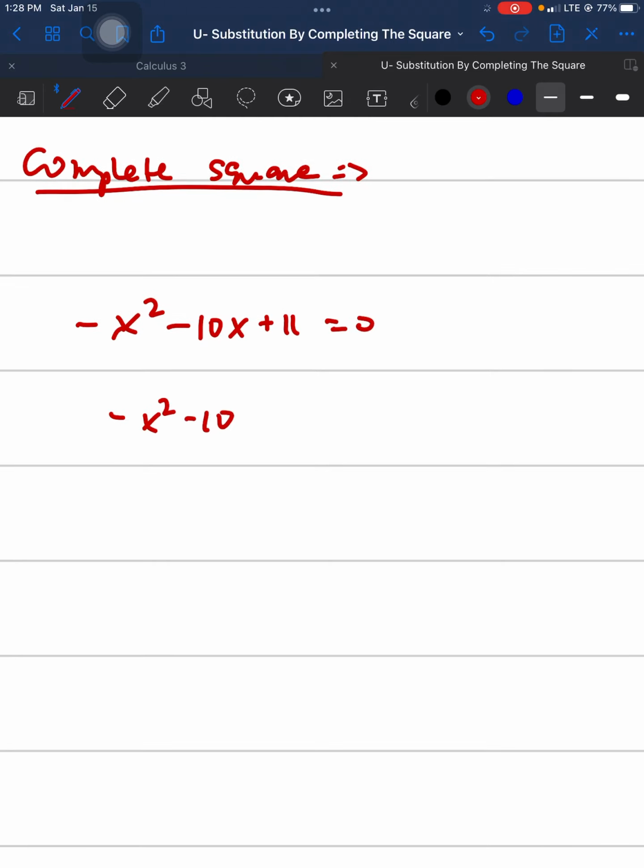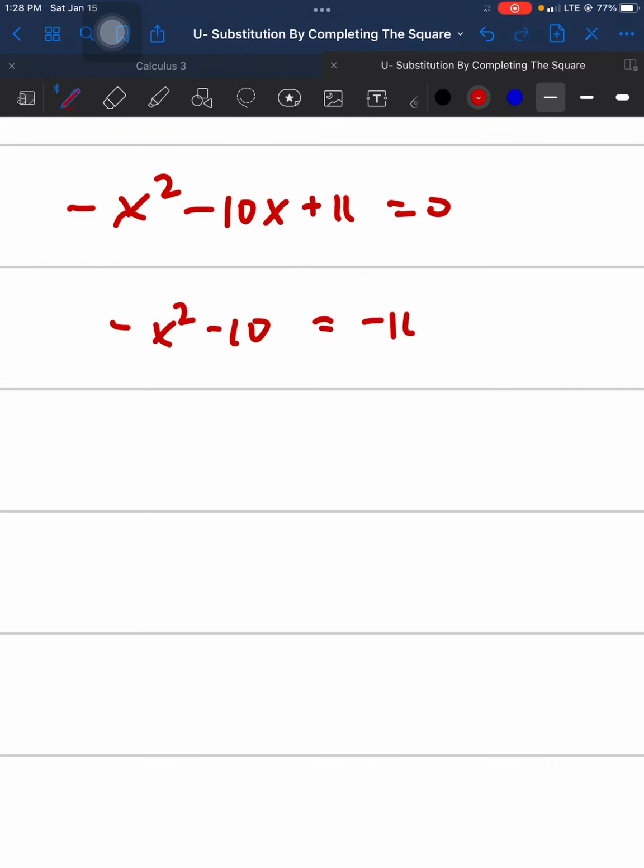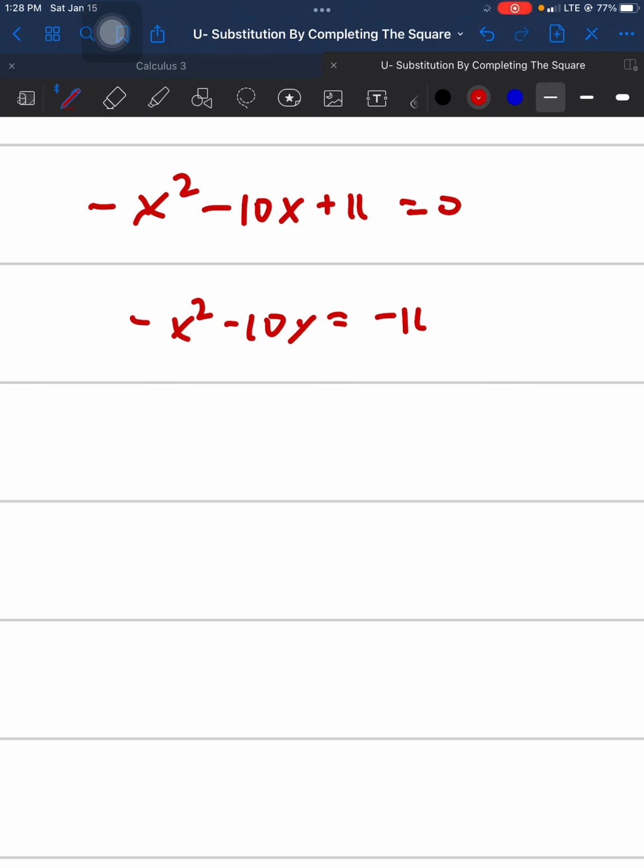You subtract 11 on both sides, we get negative x squared minus 10x is equal to negative 11. Make some space here. Next thing you would do is complete the square, right? So b, in this case, is negative 10.